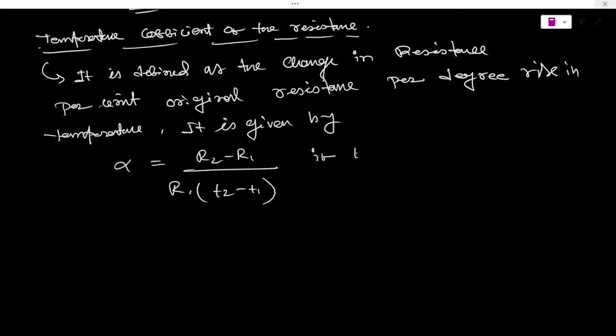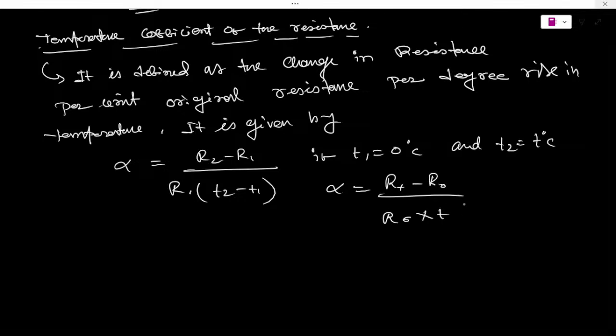If T1 is equal to 0 degree centigrade, and T2 is equal to T degree centigrade, then alpha is equal to R_T minus R0 divided by R0 into T, or R_T is equal to R0 into 1 plus alpha T. It is clear.